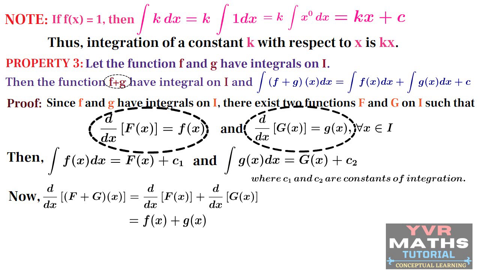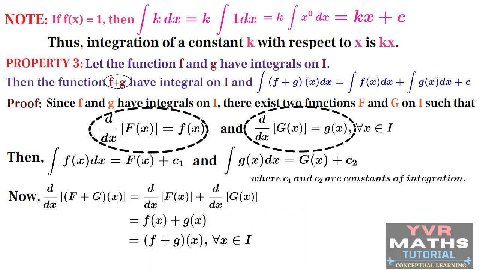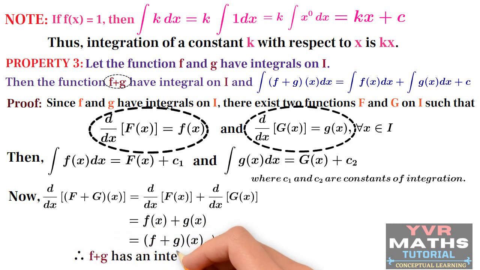By using some algebraic properties, this can be written as f plus g of x for all x belongs to I. So what did you get here? d by dx of capital F plus capital G of x is equal to small f plus small g of x for all x belongs to I. So what is the meaning of this? The function f plus g has an integral on the interval I.